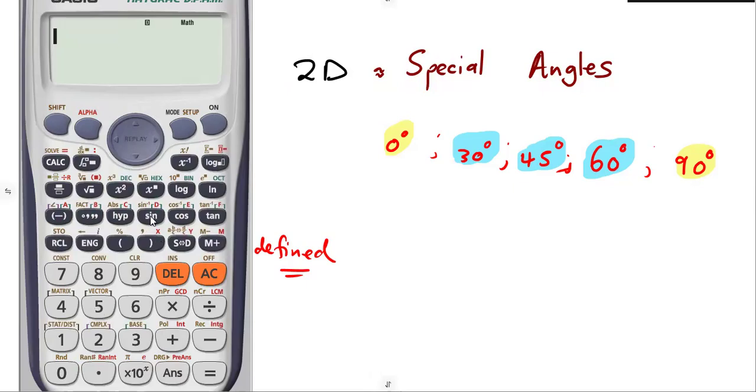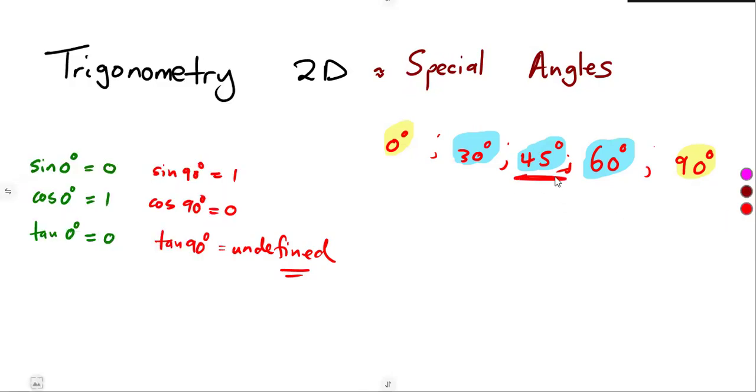Let's take an example of the sine of 45 degrees. We can have a simplified value, the square root of 2 over 2, which is exactly the one that you are going to have on these special angles.